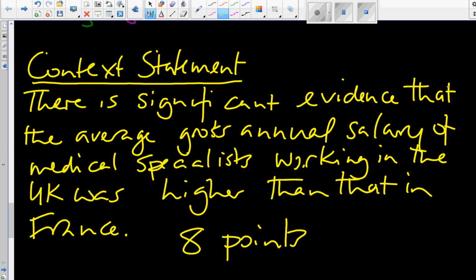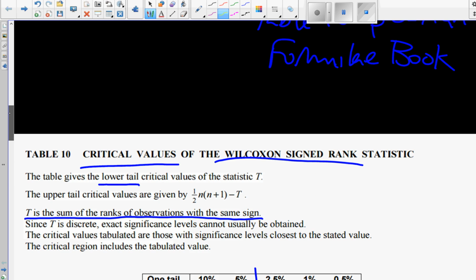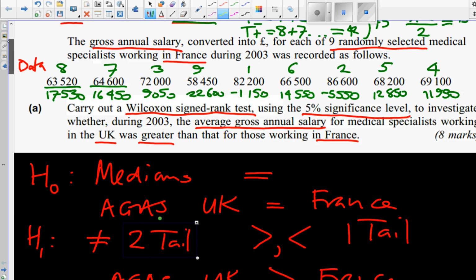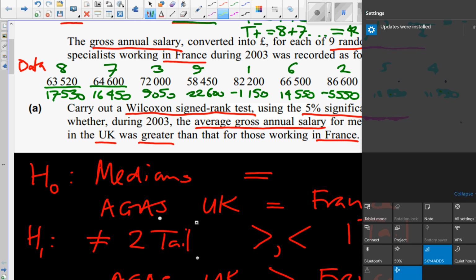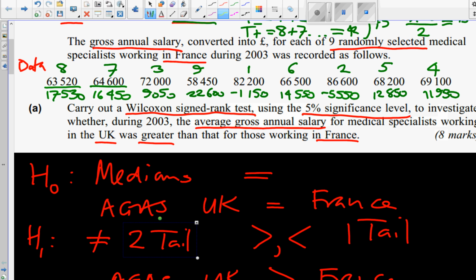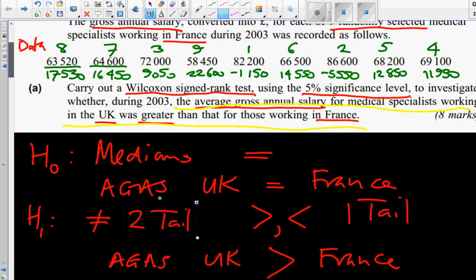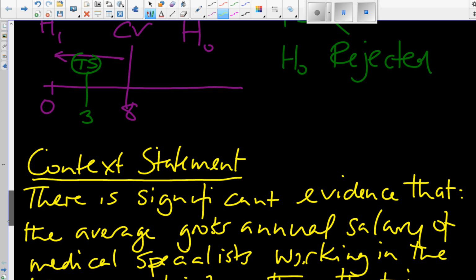And for the rest of it, we just want to lift and shift what they've put in the question. So let's go back to what they asked us in the question. They said they want us to investigate whether during 2003 the average salary for specialists working in the UK was greater than that for those working in France. So we just basically repeat that word for word into our answer.